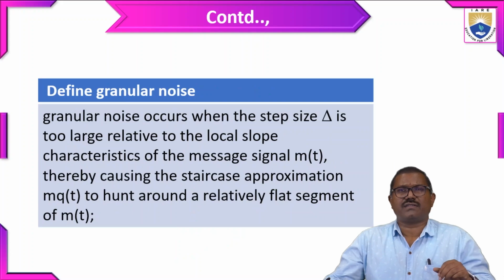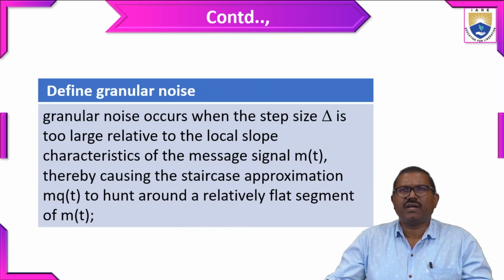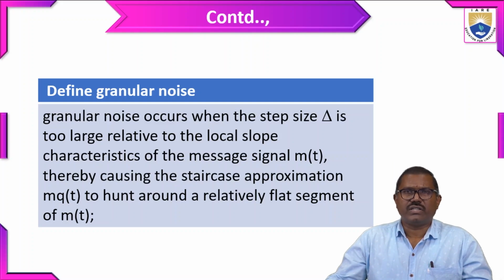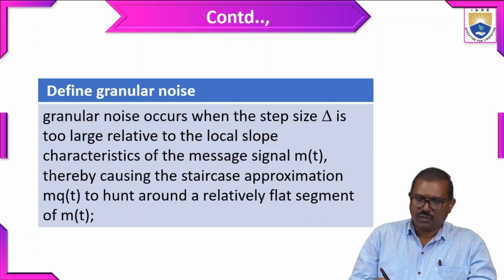Coming to granular noise. Granular noise occurs when the step size delta is too large relative to the local slope characteristics of the message signal m(t), thereby causing the staircase approximation m_q(t) to hunt around a relatively flat segment of m(t).